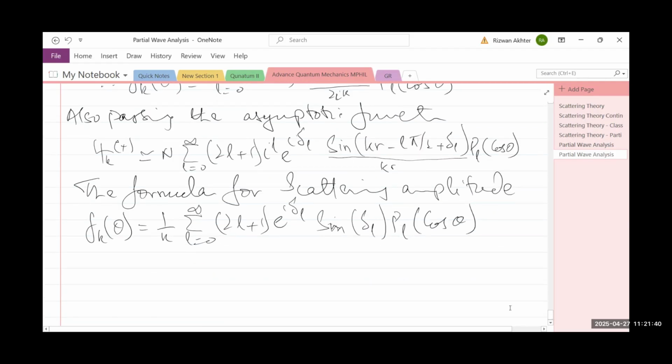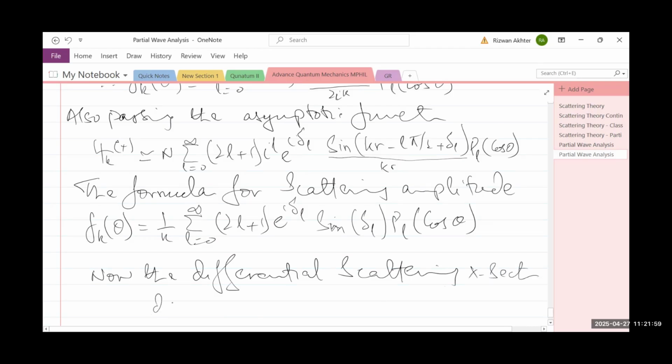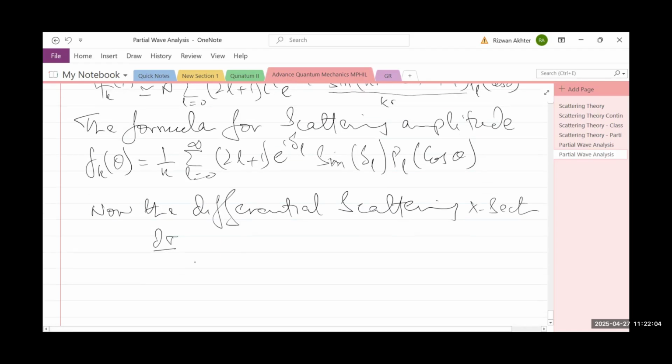And now the differential scattering cross section is equal to what? Cross section is in fact d sigma over d omega, and this is equal to mod of f sub k of theta mod square.